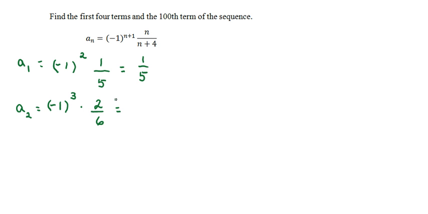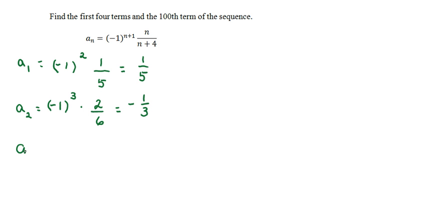So a sub 2 is an even numbered term, but it is going to have a negative value because there is an odd exponent on the negative 1. So it reduces to the fraction negative 1/3.